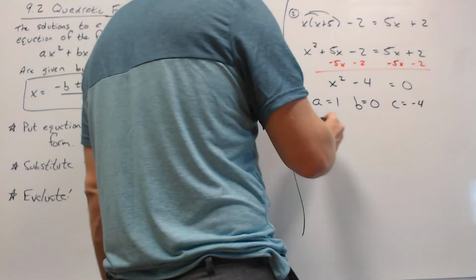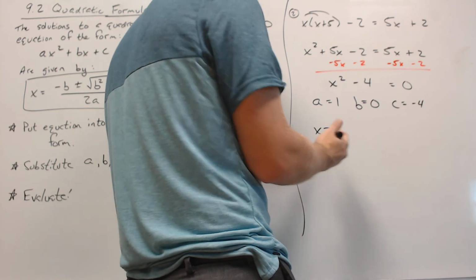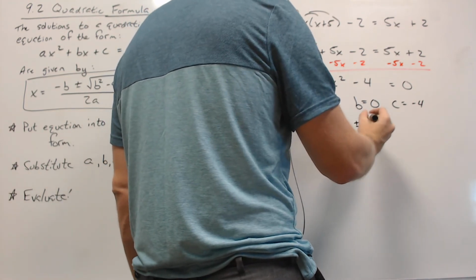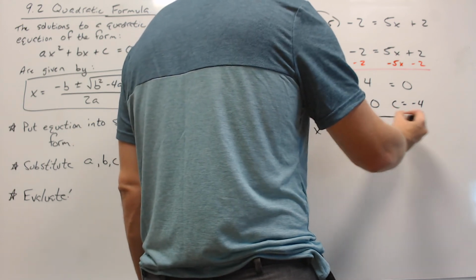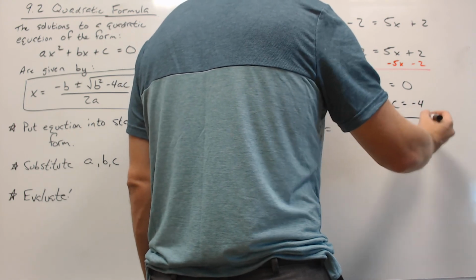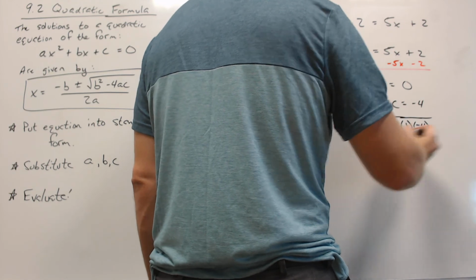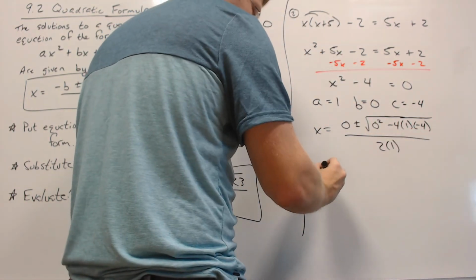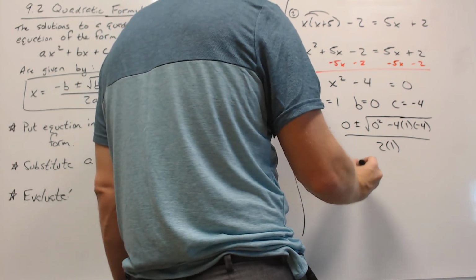So that means in the quadratic formula we have -0, so this is 0. We'll just go ahead and write it, plus or minus the square root of b squared, so 0 squared, minus 4 times a times c, all over 2a. So I don't need the 0, we just have plus or minus.